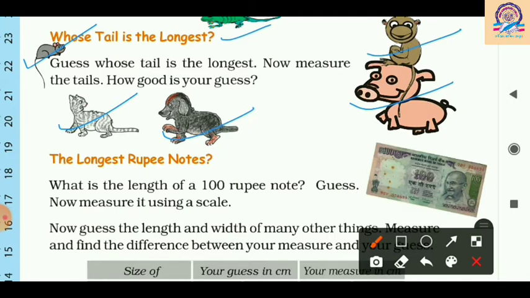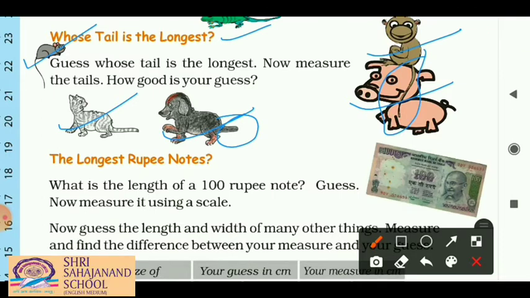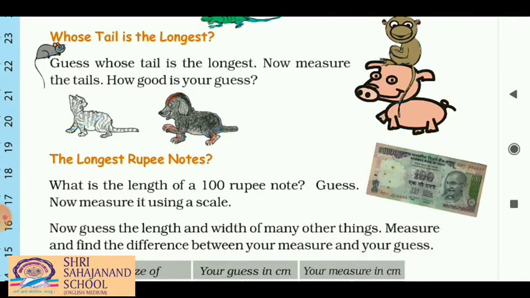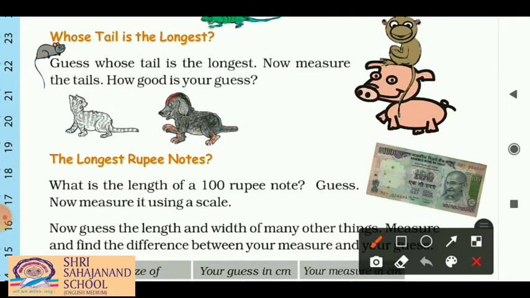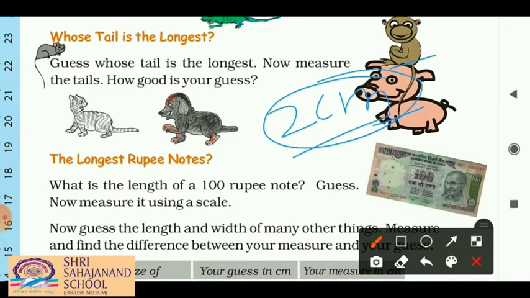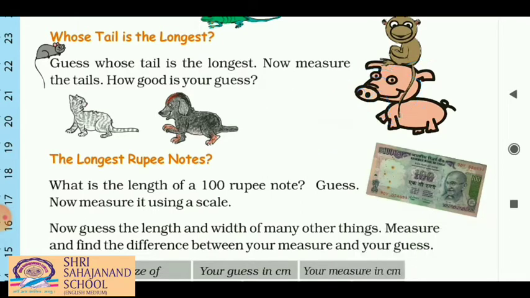You can see by observing that the puppy's tail is the smallest, and the monkey's tail is the longest, and you can also measure it with a scale. I think the length of the monkey's tail should be about 2 centimeter, it may be 2.23 or something.